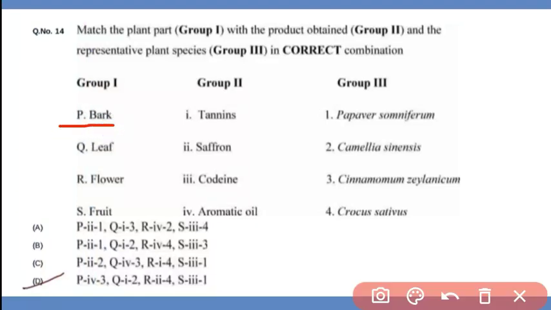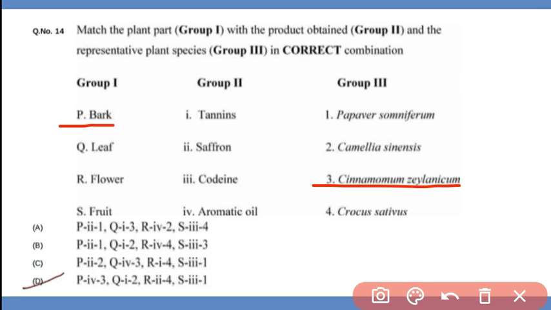The bark of the plant Cinnamomum zeylanicum. In Hindi, this plant is known as dalchini. It belongs to the family Lauraceae.